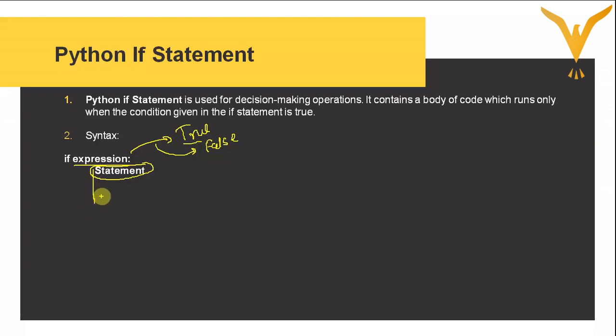ये सारे statements जो रहेंगे वो किसका part रहेंगे, मेरे if statement का part रहेंगे. Okay, so this is known as indentation, or you can say a block of if. So in Python the block is created by putting some indentation. Okay, so indentation मतलब क्या, कुछ नहीं, एक space डालना रहता है and that's it.